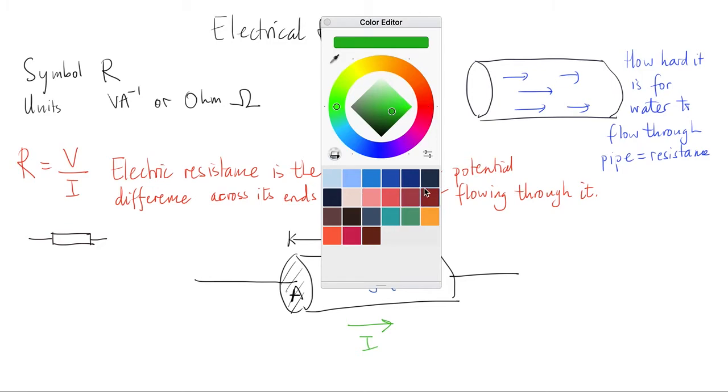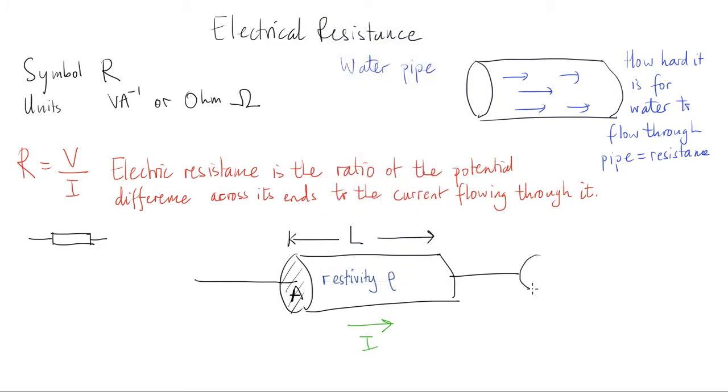And we could measure the current in the circuit using an ammeter, put the ammeter in series with the resistor, and I can measure the potential difference over it using a voltmeter V.